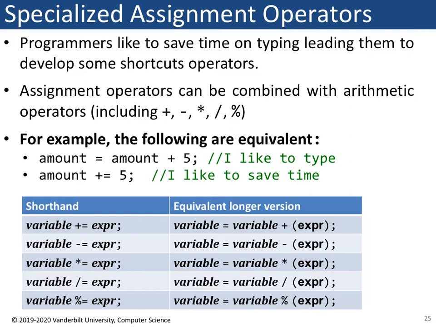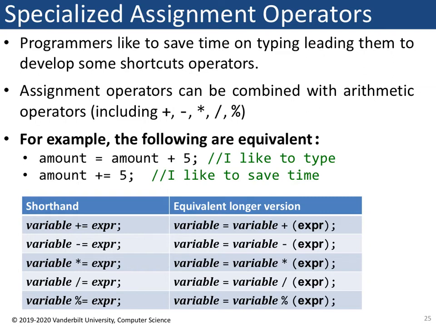A way to do this in Java with a more compact representation would be amount plus equals 5. So understand that when you see amount plus equals 5, this is precisely the same as amount equals amount plus 5. You are incrementing amount by 5 and storing the result of that expression into amount. But you can do this with most of the arithmetic operators.